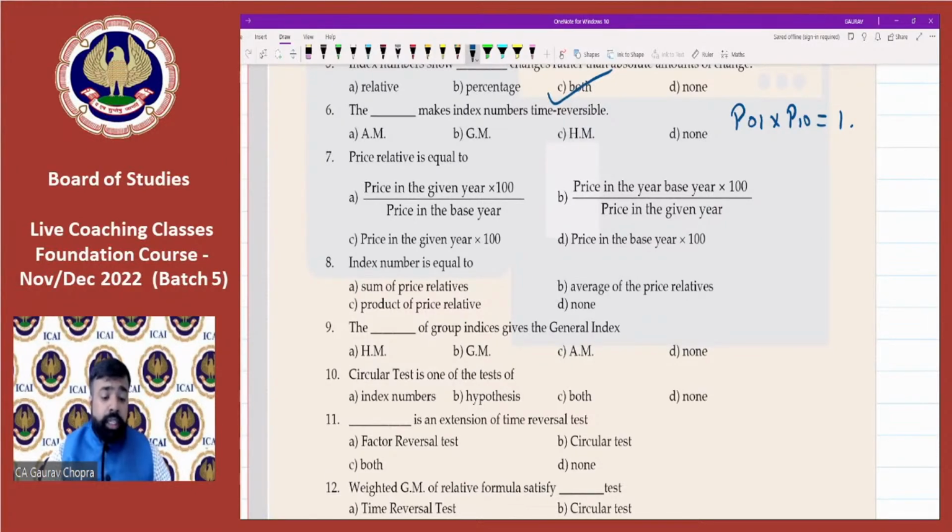Then price relative is equal to P1 upon P0 into 100, that is price of given year upon price of base year multiplied by 100. Then index number is equal to the average of the price relatives, because the first step was to find price relative and the second was to find the average of price relatives.